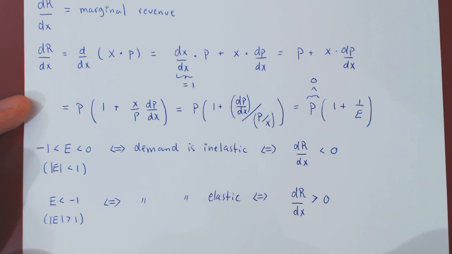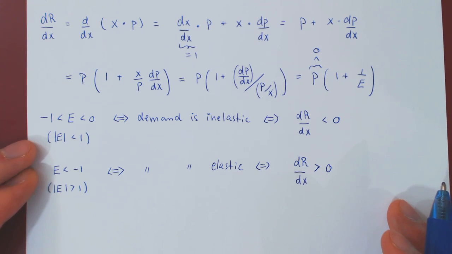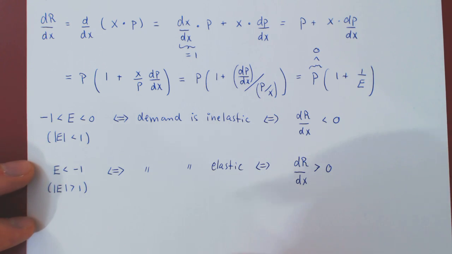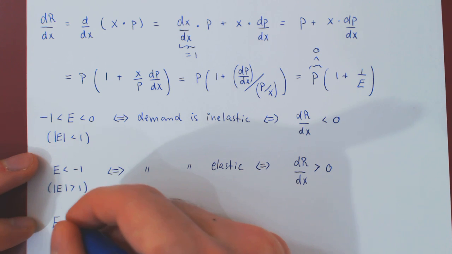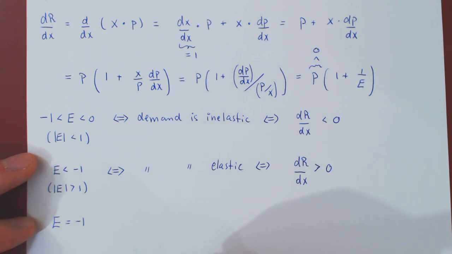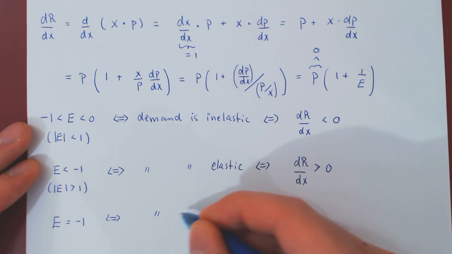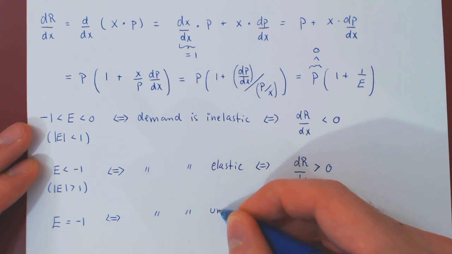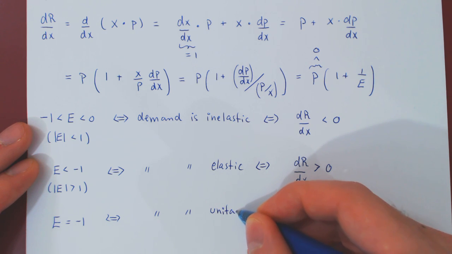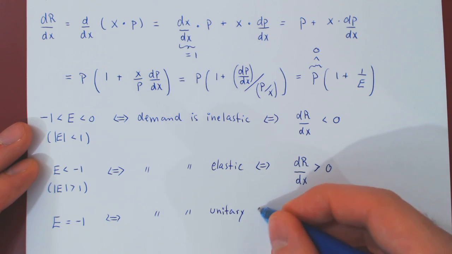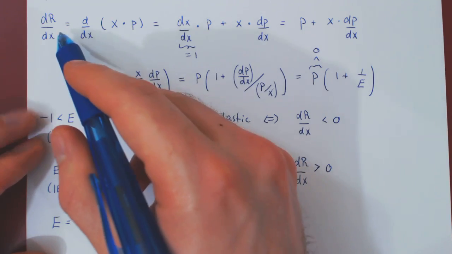And finally, the last case is a unitary demand, and here there's only one possible value, E equals -1. So the demand is unitary if and only if, well, again, let's look at the marginal revenue.